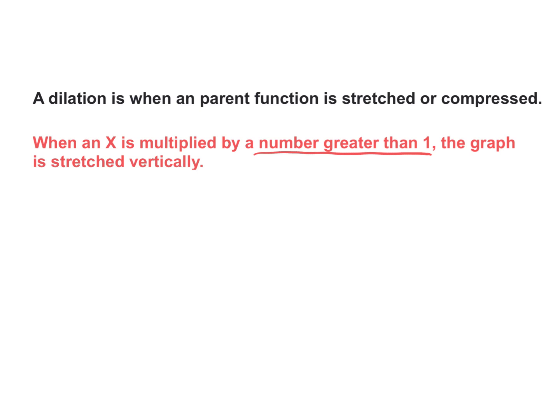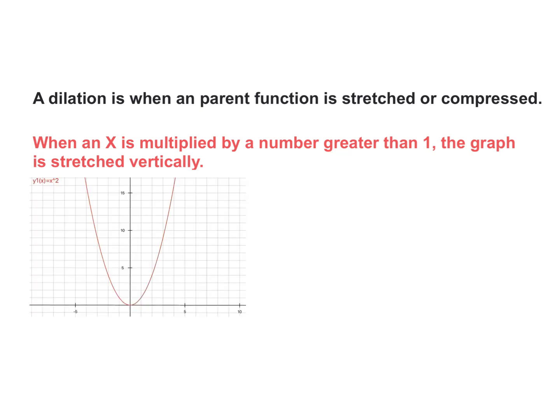It's going to look like you're pulling it upwards from the top and stretching it out, making it skinnier. I'm going to put some graphs up here. I don't want you to take pictures of them. Just draw a sketch of these graphs, okay? Here's the first graph. I know it's small, so let me write in what this equation is. This is the parent function y equals x squared, okay? So right now, it's just 1 in front.